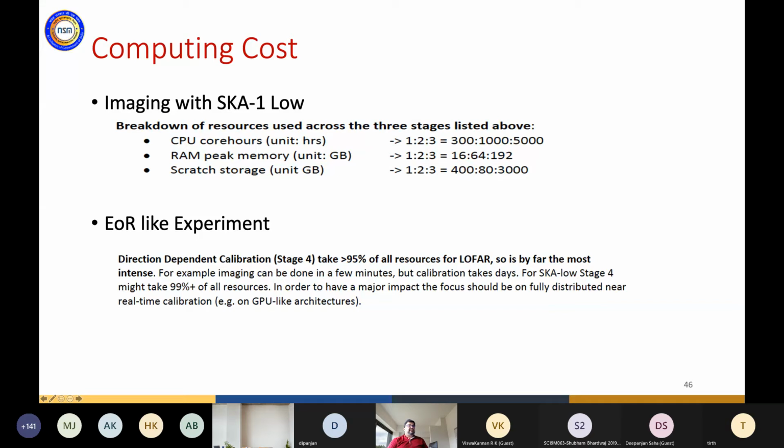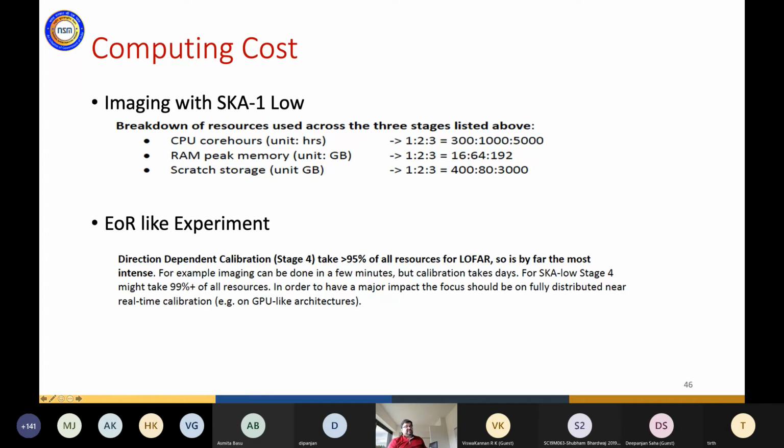But when you're doing an EoR-like experiment, where you really need very high precision calibration, direction dependent calibration takes about 95% of all the resources. This comes from the same report made by the LOFAR group at XCon, and I'm just copying from there. So 95% of the resources goes into direction dependent calibration, and imaging is okay.